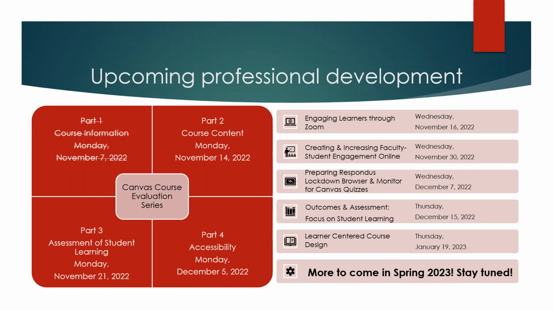We also have a lot going on in November and December, and some things coming around in January already as well. There's so much more to come. So keep an eye out for your Canvas announcements and Canvas emails, where we will let you know what's going on and how to register for a spot.